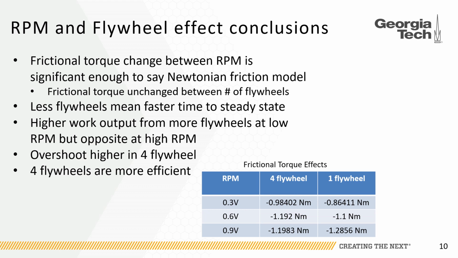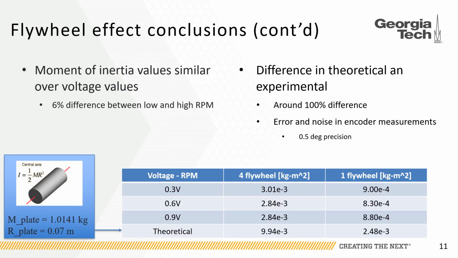Fewer flywheels mean a faster time to steady state, which is apparent in each RPM run. And then there's higher work output from more flywheels at low RPM, but the opposite at high RPM. And then overshoot was higher in the 4-flywheel case, which makes sense because of the inertia from the added mass. And it appears that 4 flywheels are more efficient overall.